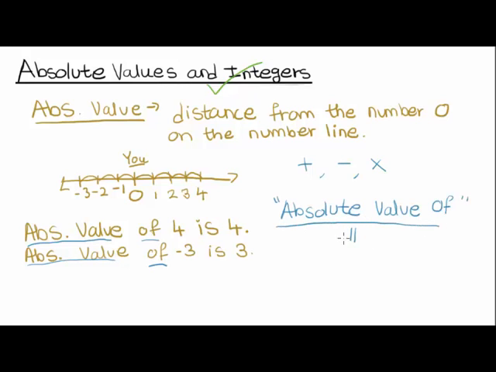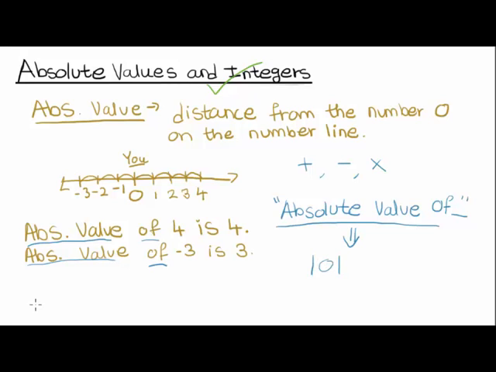Translates to this symbol right here, okay? And the symbol is just 2 lines. And the absolute value of whatever, so of 4 or whatever, that number or that expression or anything will go inside the 2 lines.